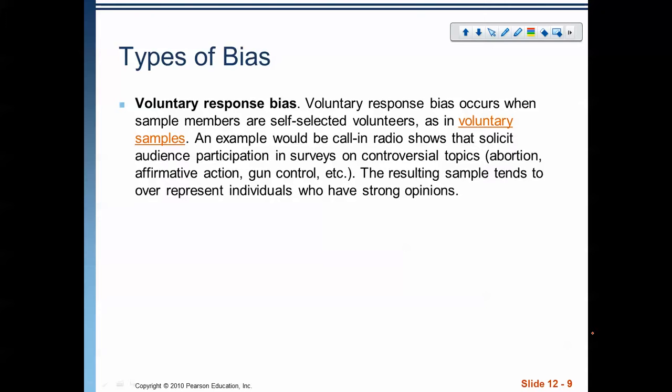If you're watching MSNBC, it's probably going to go the other way: more pro-choice than pro-life, because MSNBC tends to have more Democratic viewers. Sorry if I messed that up. You get vastly different results just because of the audience, right? The people who are willing to call in, because they have strong opinions about it, are different in those two things. So that's voluntary response bias.